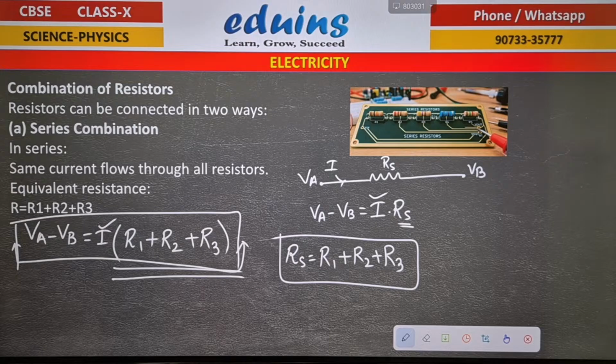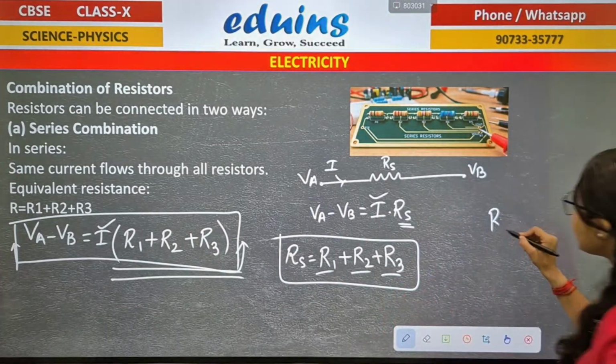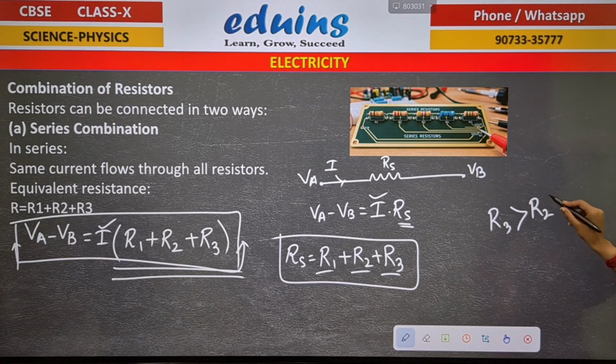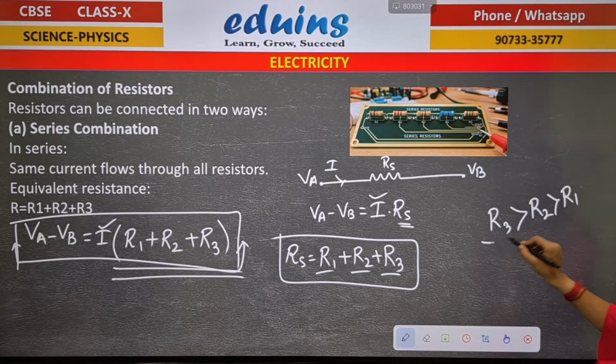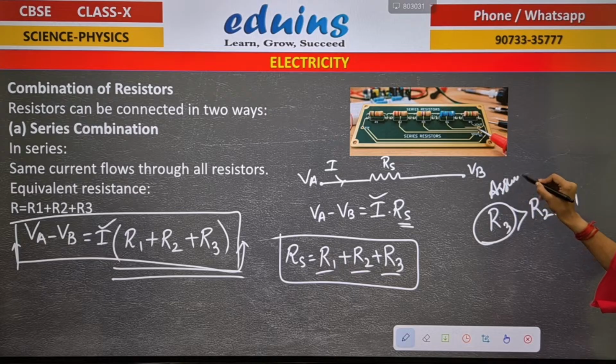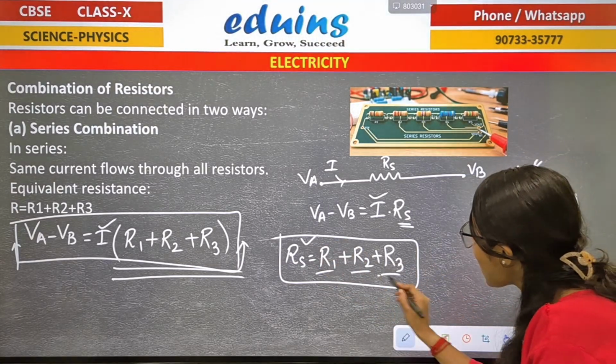Here R3 is greater than R2 and R2 is greater than R1. Assuming the greatest value is R3, we get that RS is greater than R3 also.